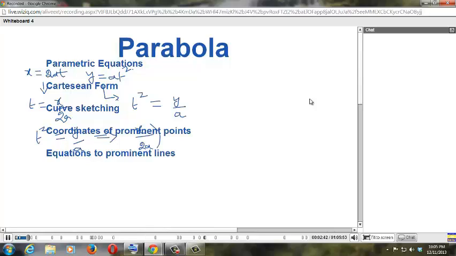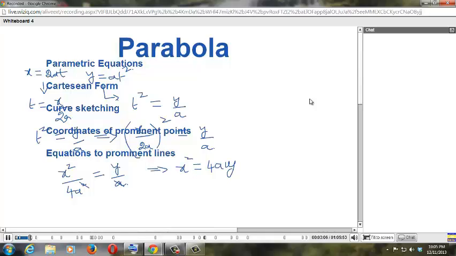So it becomes x over 2a the whole square is y over a. Expanding the left hand side, we get x square over 4a square is y over a. Now cancelling an a on either side, we are left with x square is equal to 4ay.